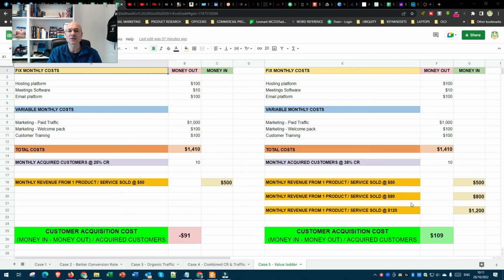I sold for the initial, I think this is 25% conversion rate, and by only adding 2 additional products to my value ladder, I go completely in the green and well beyond. So not only am I covering the customer acquisition costs, I'm making a profit. That's awesome. That's unbelievable. But that can happen.